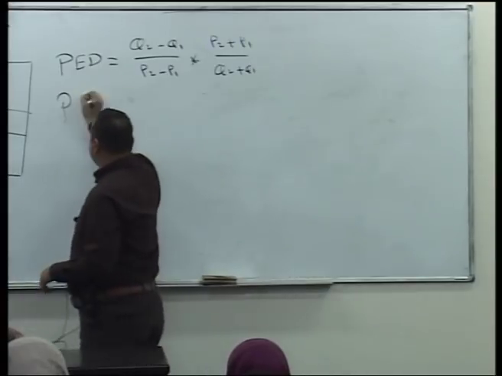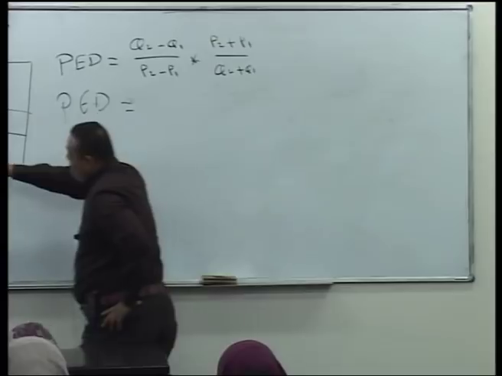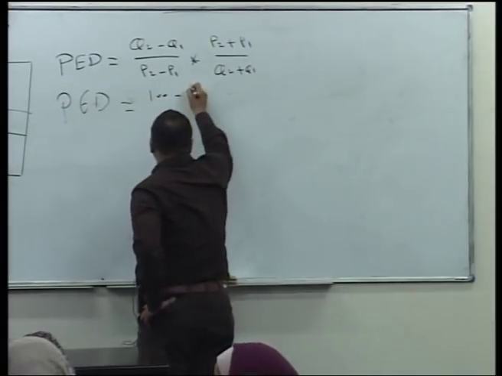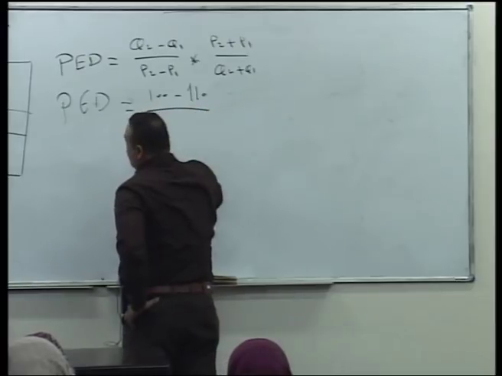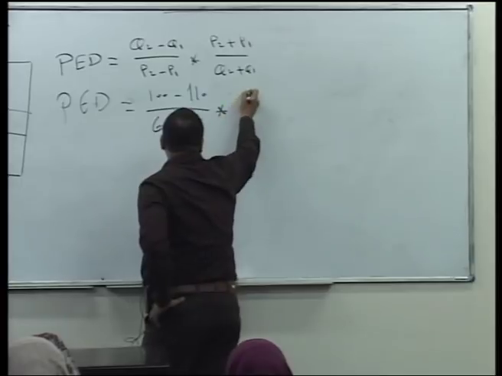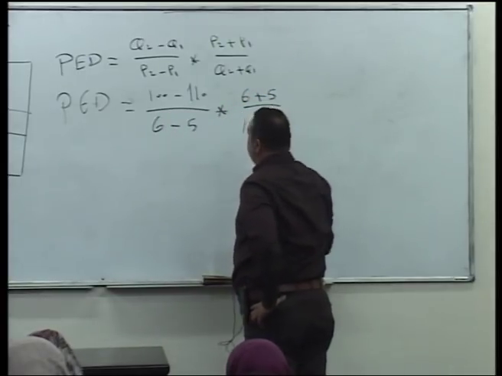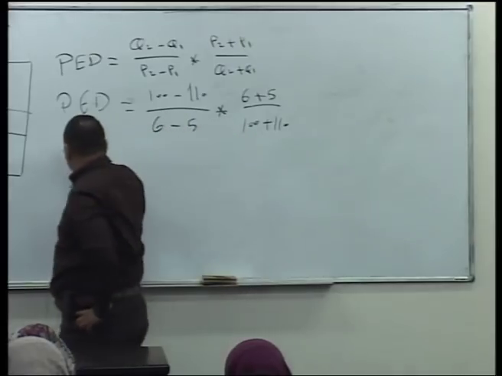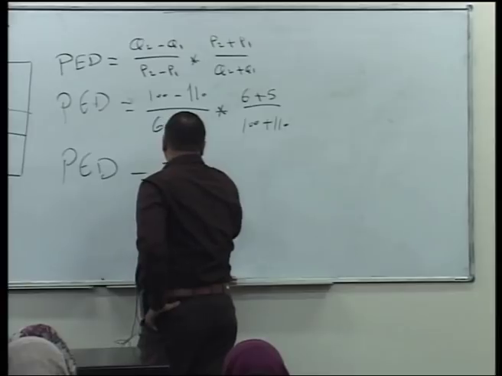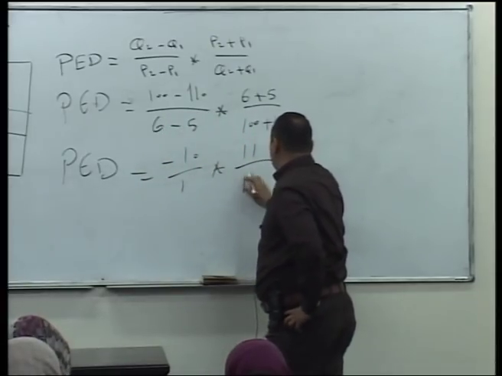So the price elasticity of demand equals Q2 100 minus 110 over P2 6 minus 5 times 6 plus 5 over 100 plus 110. All right? So PED equals minus 10 over 1 times 11 over 210.